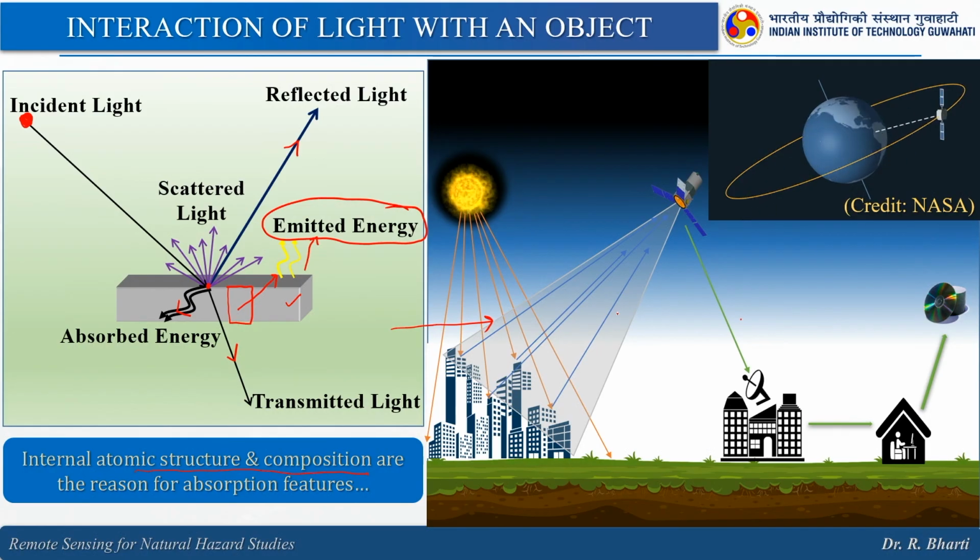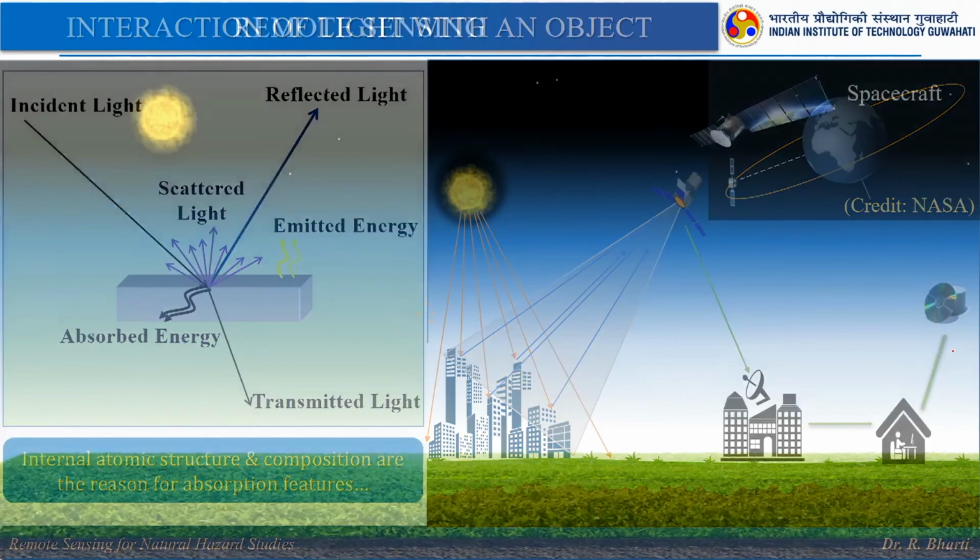These energies are getting reflected and captured by this particular satellite, and the satellite will generate the image. Whenever the satellite comes in the proximity of the ground station, this will be transferred to the ground station, and subsequently distributed to different users who are interested in the analysis of these images.